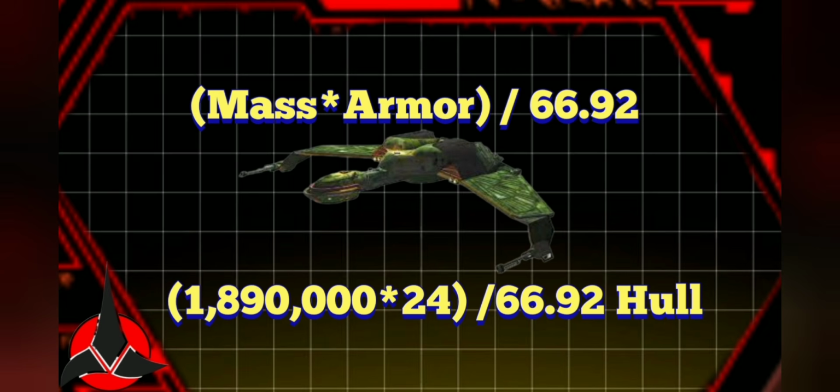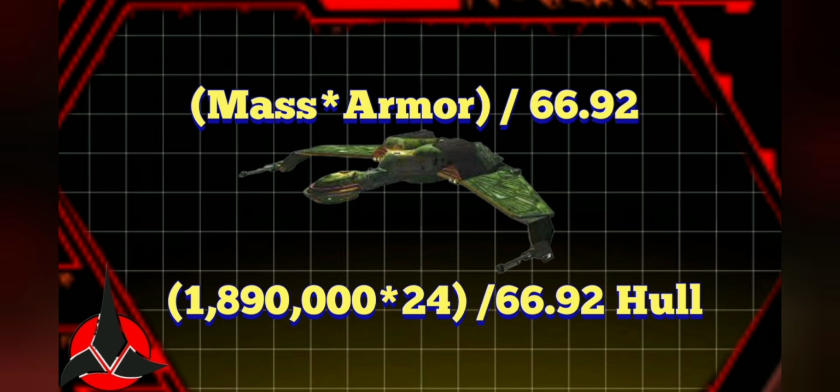The K'Vort is completely based off the design of the Burrell, so I went ahead and did it as a class 24, and when I did that, the hull strength came up to 680,000. So the mass of 1,890,000 times 24, which is the armor class, is divided by 66.92, which is our constant.